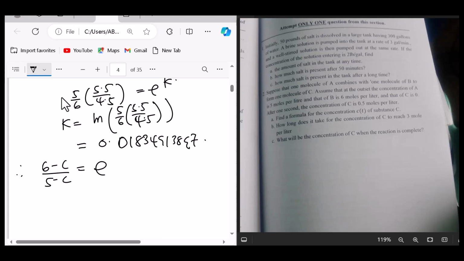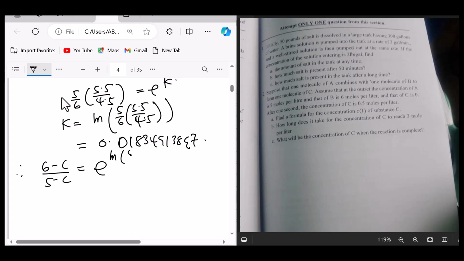So let me see: 5.5 divided by 4.5 is 11 over 9, times 5 over 6, so 55 over 54.